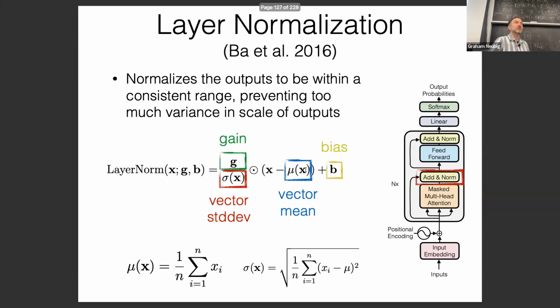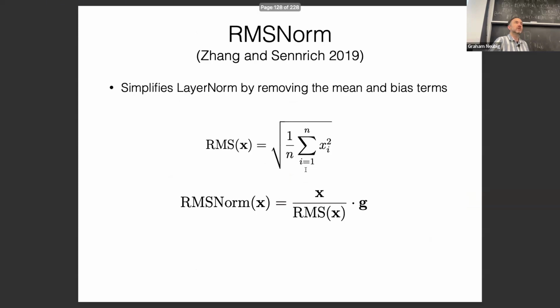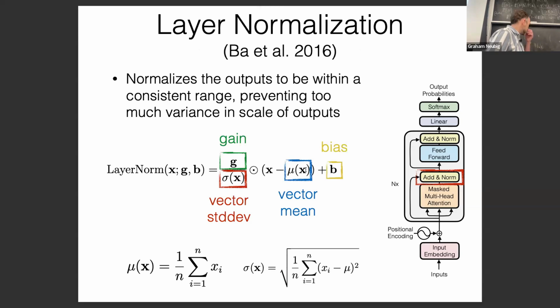And we have a bias here and a gain. The mean takes things that might be shifted very far from being zero-centered and moves them back to be zero-centered. The standard deviation takes things with a very large or very small scale and makes them have a standard deviation of essentially 1.